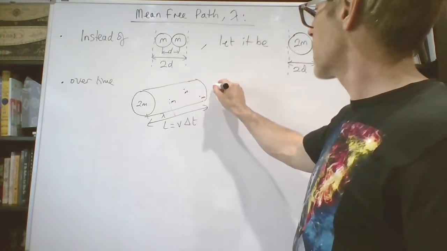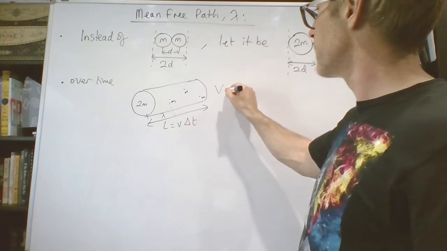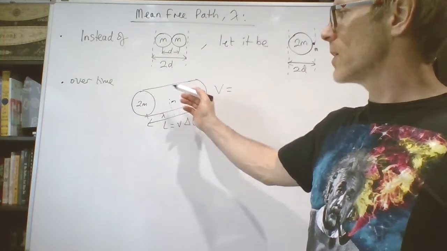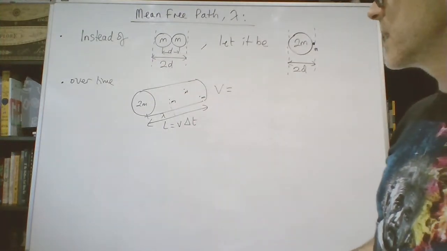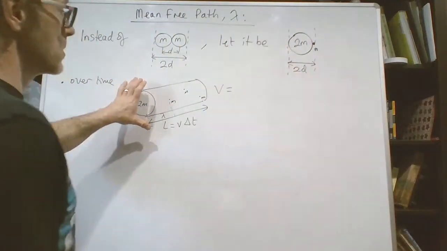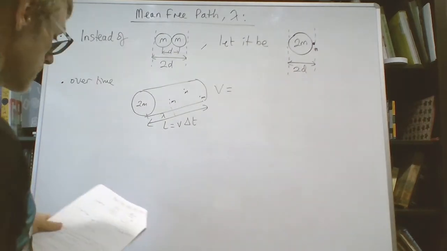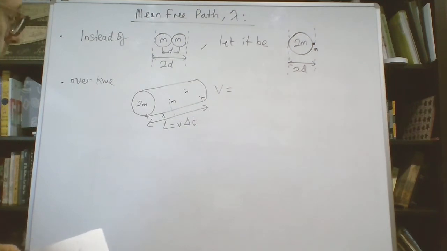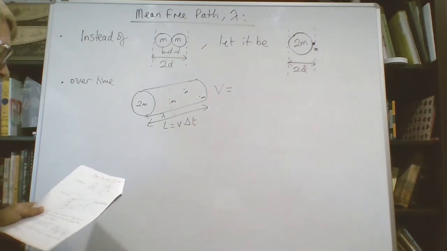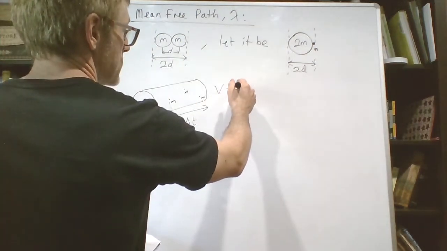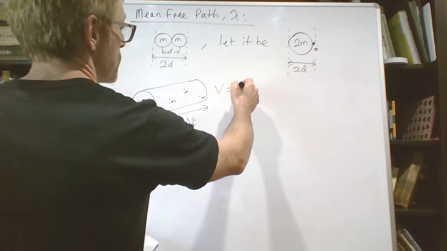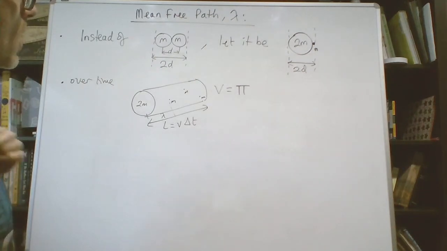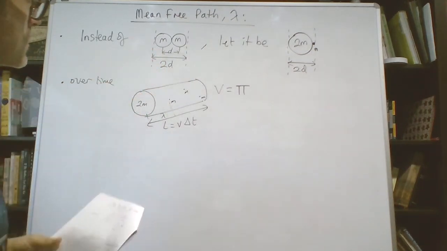Let the volume carved out by the cylinder, V, equal, well, the volume of a cylinder is going to be the area of the circle multiplied by the length, because volume is area times length. So if you remember your grade school math formulas, the area of a circle is pi r squared. So here I've got pi. Now I didn't use r, I used d to be the radius.